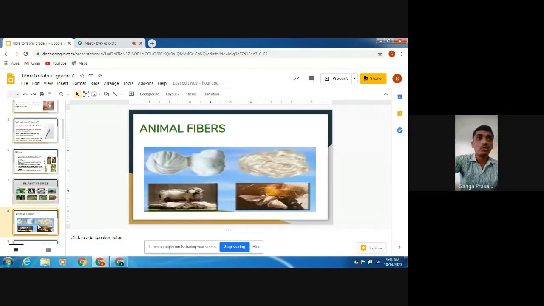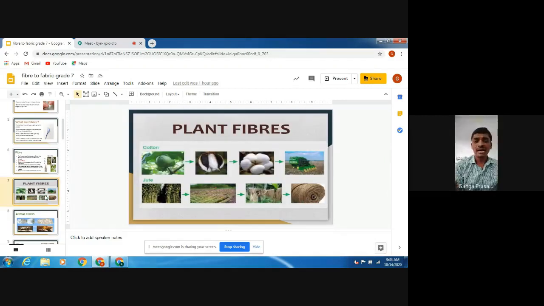Okay, see, jute plants mainly grow in Bihar, Assam, Uttar Pradesh, right? So jute plants grow in fields. Once the jute plants grow very well, they will give flowers. So when the plant gives flowers in the flowering stage, they will cut the stems of the jute plant.